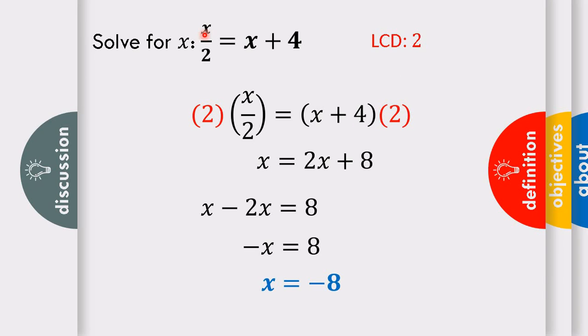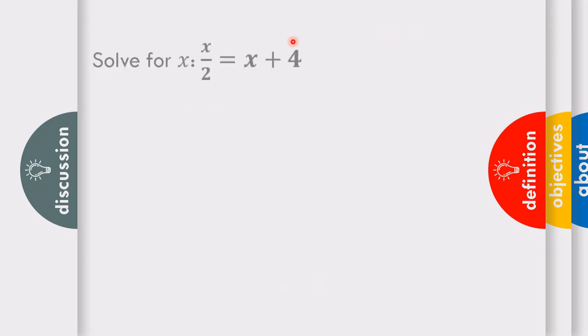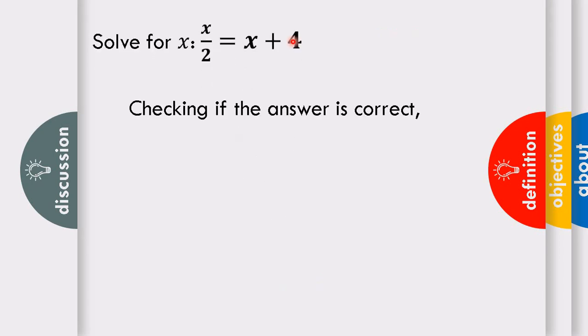But we must check it first to verify that it is a solution to the equation. So how can we do that? Using the same equation, check if the answer is correct. We just need to substitute the value we got into the rational equation. So x/2 is equal to x plus 4.